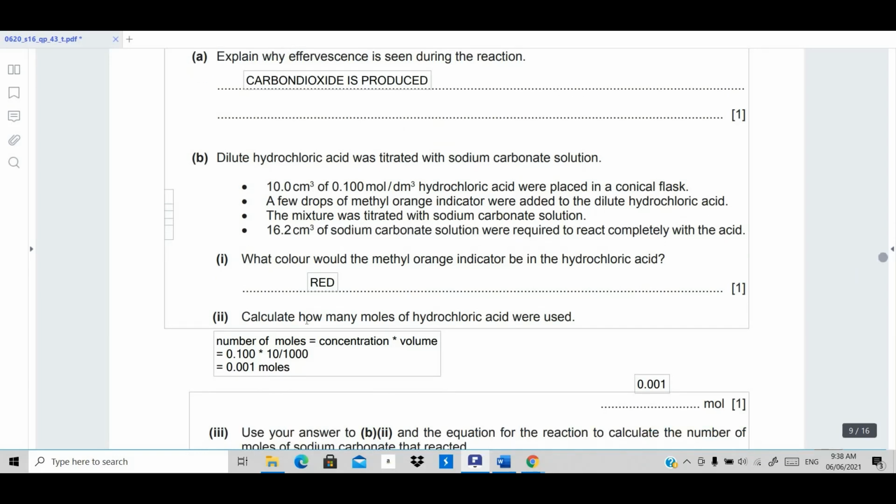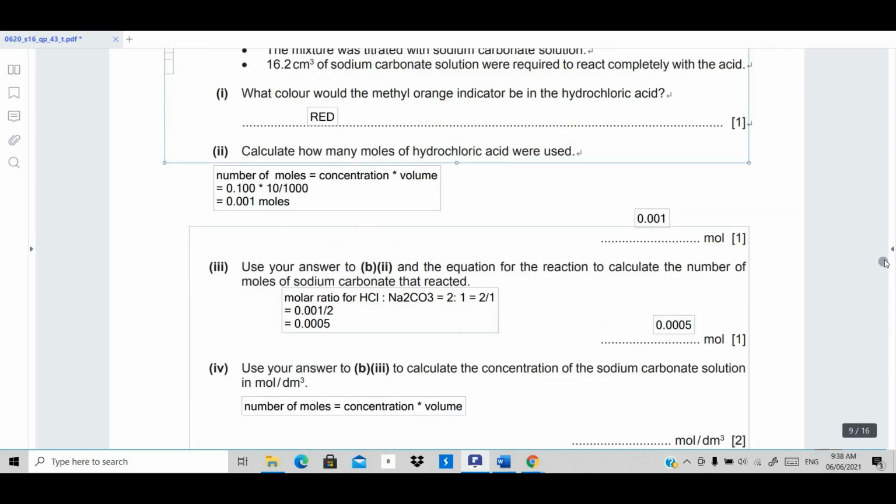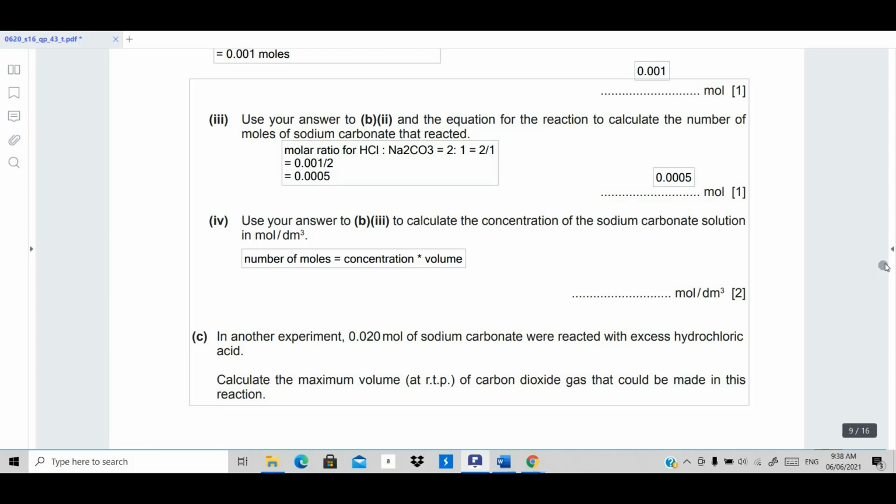You can see in the last part of this question, step 16.2 centimeter cube of carbonate solution were required to react completely with the acid. The volume has been given, and the number of moles is also given, 0.005. And remember, you need to mention the mole per decimeter cube. The answer should be in mole per decimeter cube.